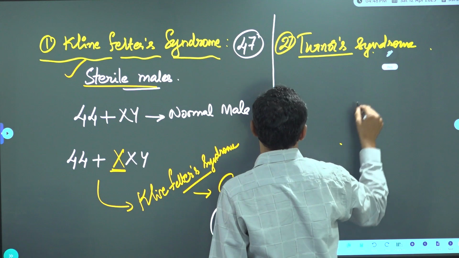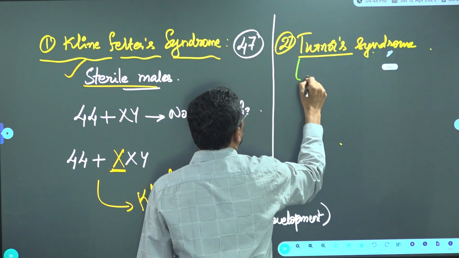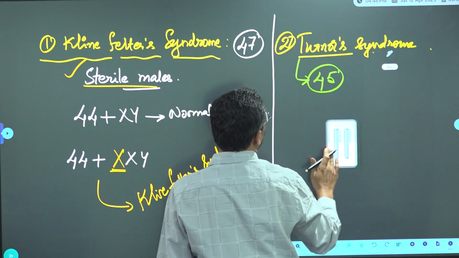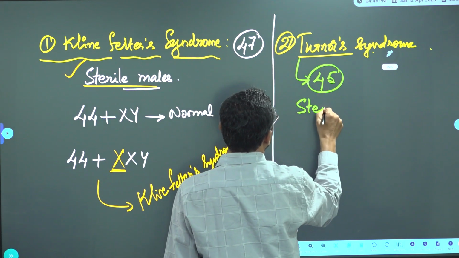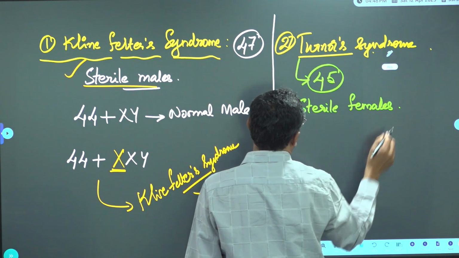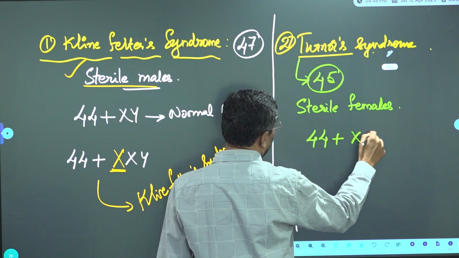Turner's syndrome. Here the number of chromosomes is 45. These are sterile females. Their genotype is 44 plus X0.